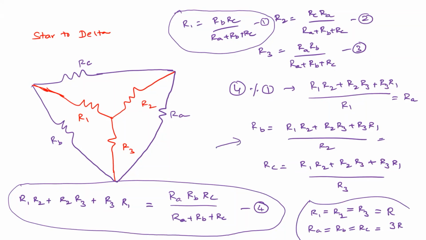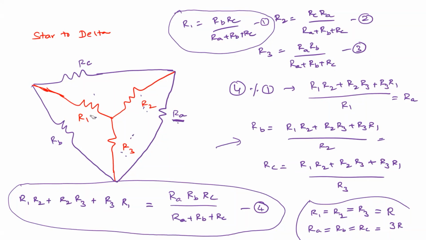Let us assume that instead of R1, I write it with numbers. You can notice that this is RA. To obtain RA, multiply R1 R2 plus R2 R3 plus R3 R1 and divide by R1. R2 and R3 are connected to this RA, but R1 is not connected.